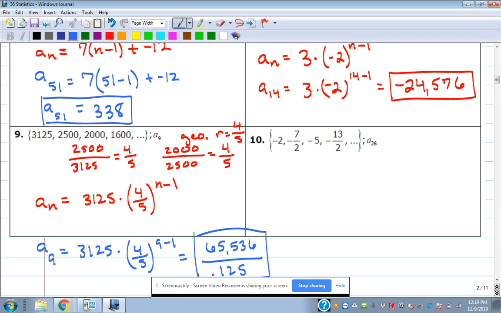It's geometric because we had to multiply by something to get to the next term. Let's look at number 10. It looks a little weird because it's got fractions mixed together with integers, but the idea is still the same. How do I get from -2 to -7/2?